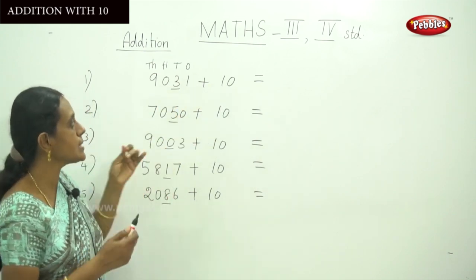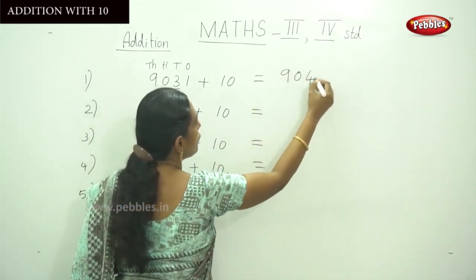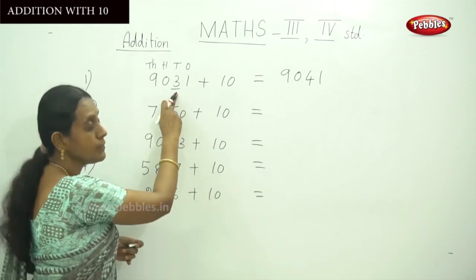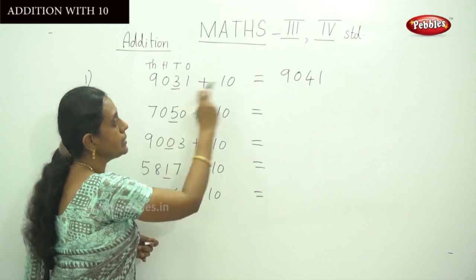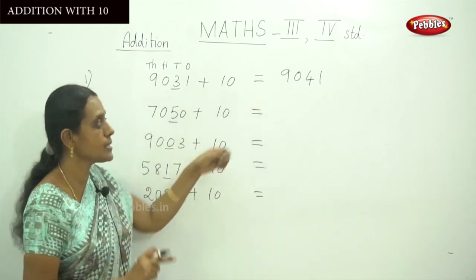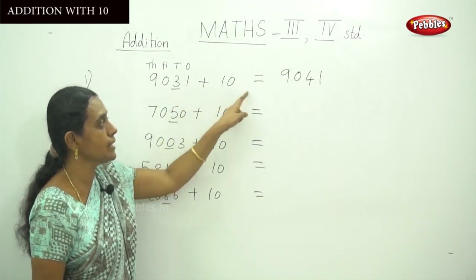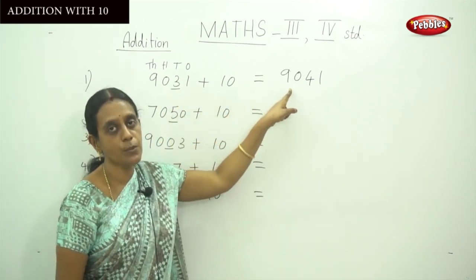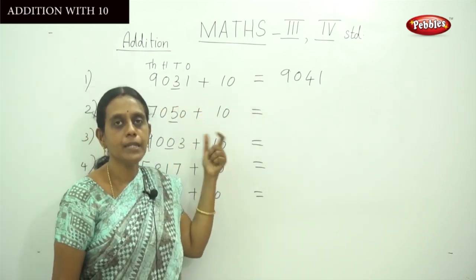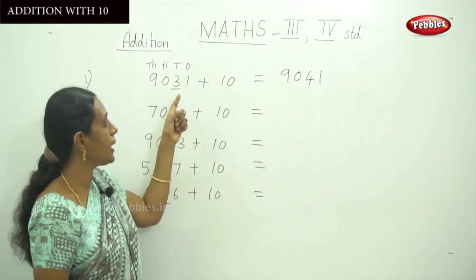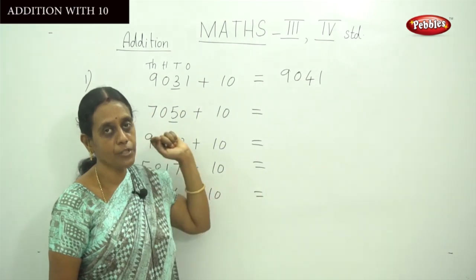So your answer is simply 9041. The tens number is 3, so the next is 4, that is 41. This is the answer for this one. 9031 plus 10 gives 9041. Simple, you can do it without your paper and pencil. You can calculate in your mind and say this answer, 9041.